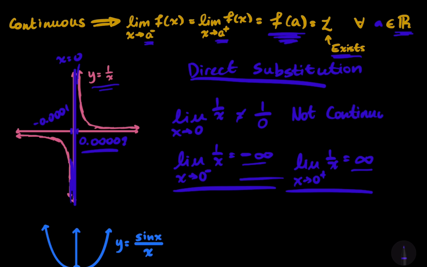And you can determine this graphically, but if you're asked to prove it, you can come up with a counterexample to prove that a function is not continuous if you aren't really given it graphically.